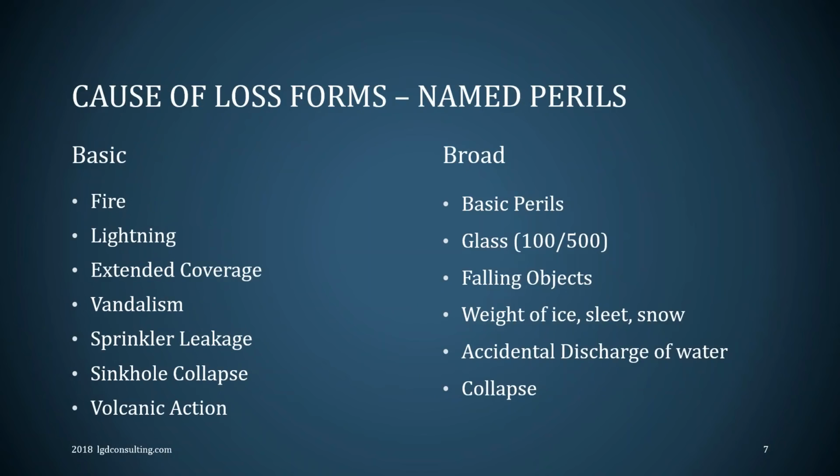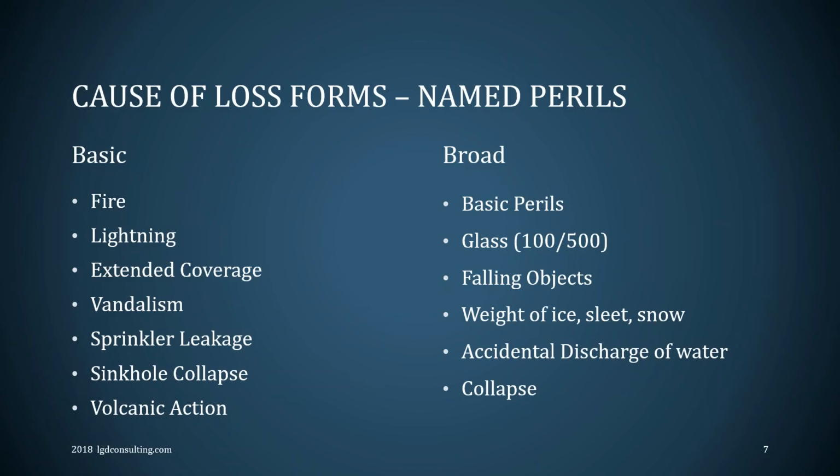Okay. So your broad form covers also falling objects, weight of ice, sleet, or snow, which could cause your building to collapse, right? And accidental discharge of water. In order for losses to be covered, typically the loss must be sudden and accidental. There has to be a specific date and time to the loss in order for it to be covered.